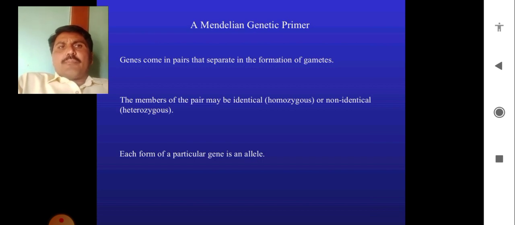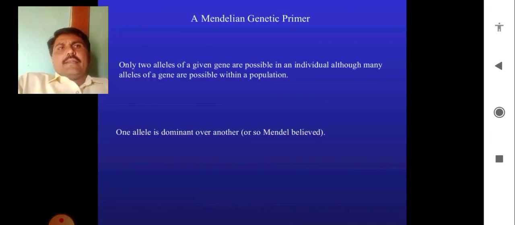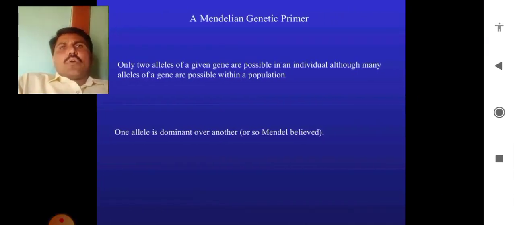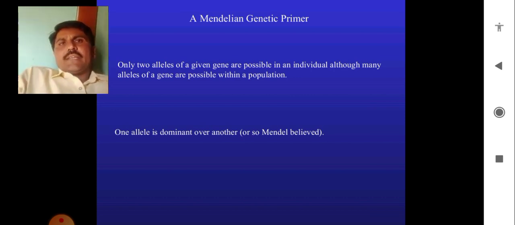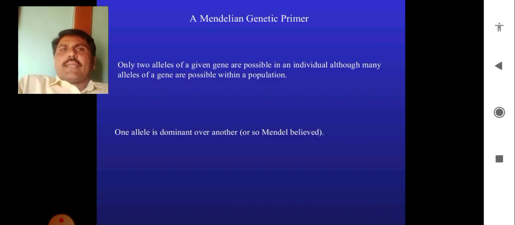Each form of a particular gene is an allele. Only two alleles of a given gene are possible in an individual, although many alleles of a gene are possible within a population. One allele is dominant over another, or so Mendel believed.